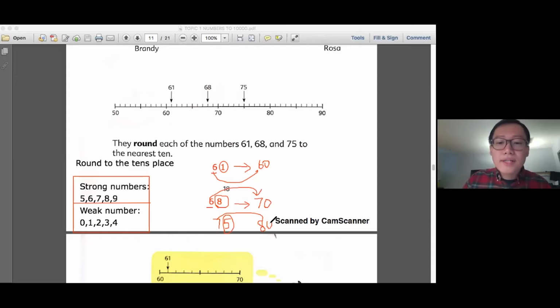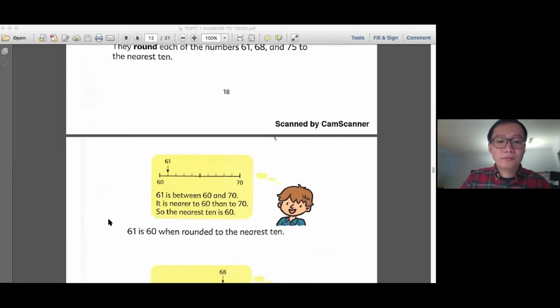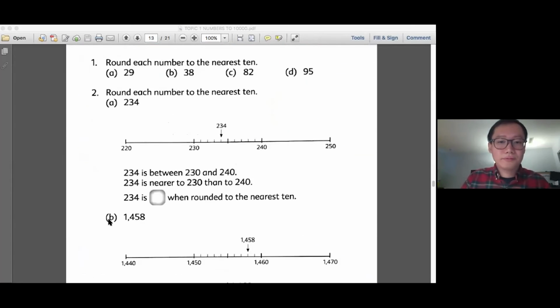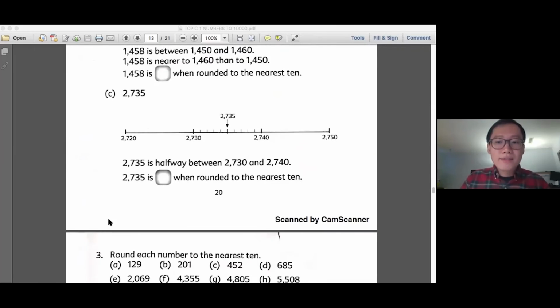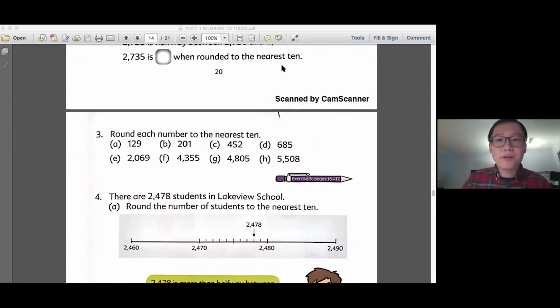And the ones place will always be a 0. So 75 will be rounded to 80 instead. So that's rounding to the tens place with a 2-digit number.